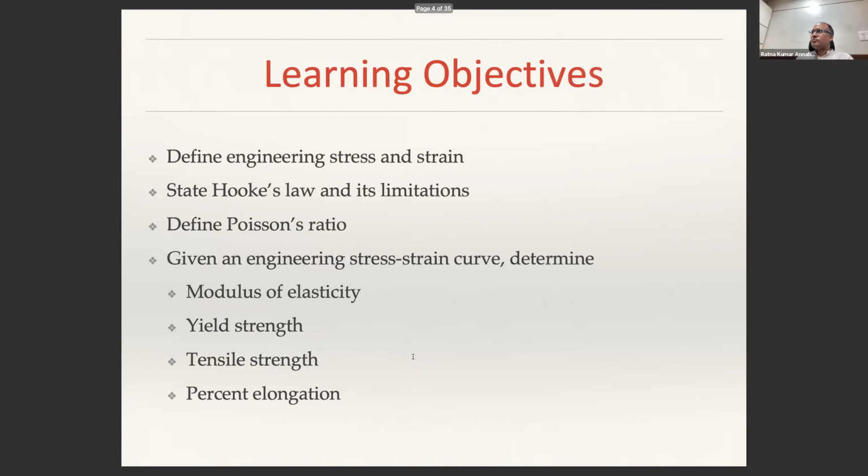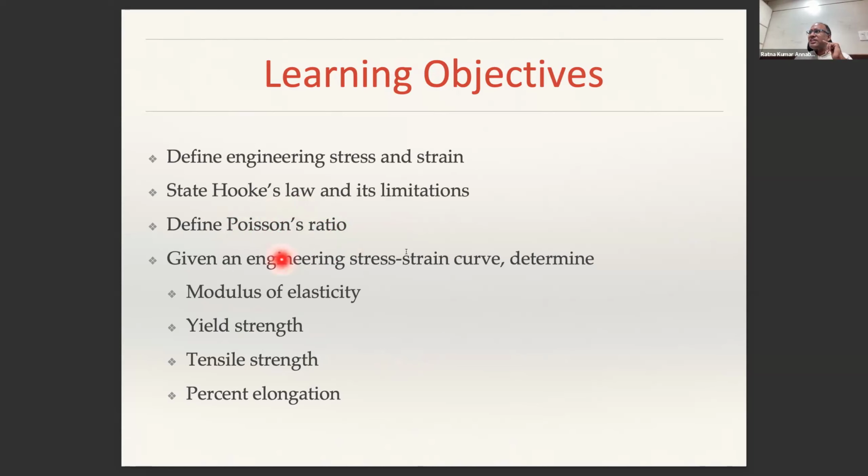Okay. So in this module, our objective is to be able to define what is an engineering stress and engineering strain, what is true stress and true strain. And we will state Hooke's law and its limitations. And we will define a very important property called Poisson's ratio.